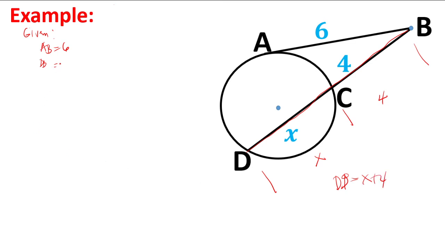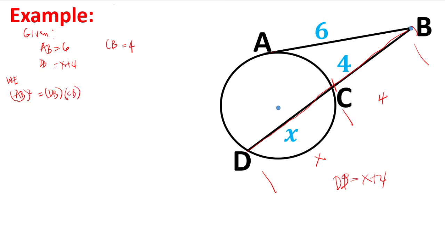Next, yung last given natin, si external secant segment natin na CB. CB is 4. So, working equation natin, AB square is equal to yung buong secant segment, DB, times yung kanyang external, CB.